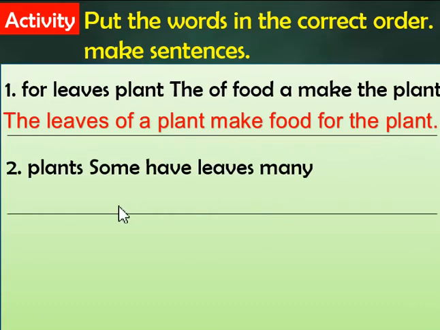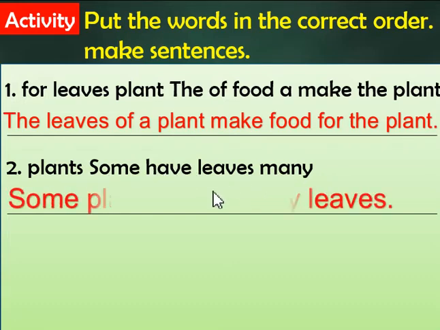Number two: plants some have leaves many. What sentence can you make in the correct order? Some plants have many leaves.